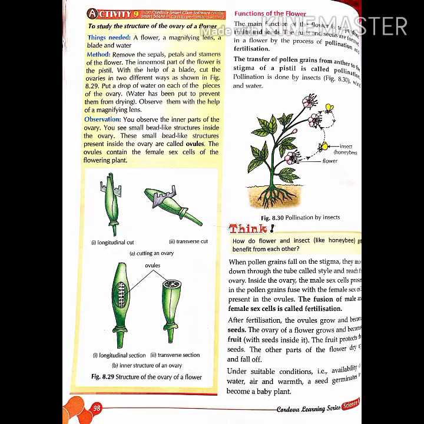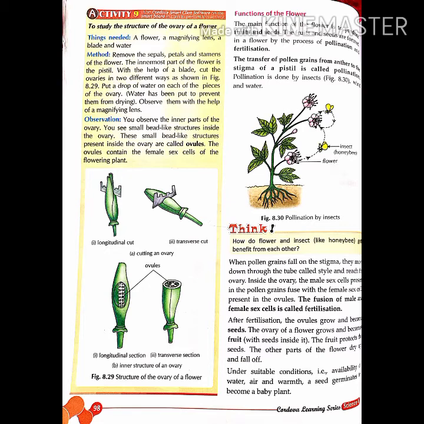When pollen grains fall on the stigma, they move down through the tube called the style and reach the ovary. Inside the ovary, the female sex cells are present. The pollen grains fuse with the female sex cells present in the ovules. This doesn't happen on its own.